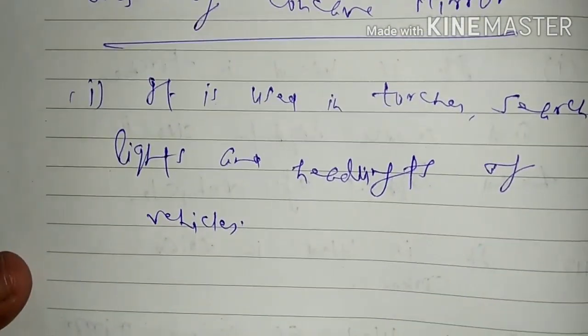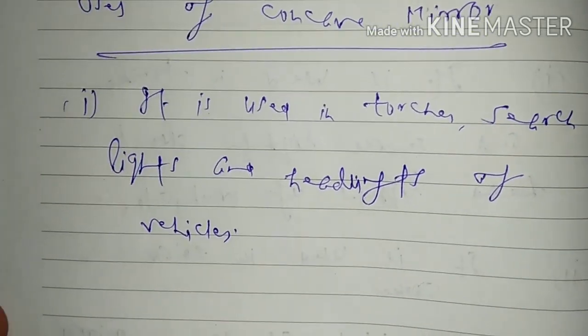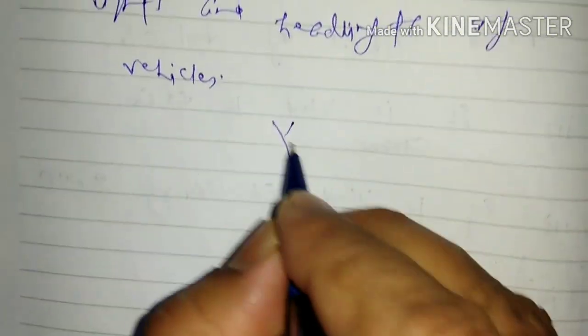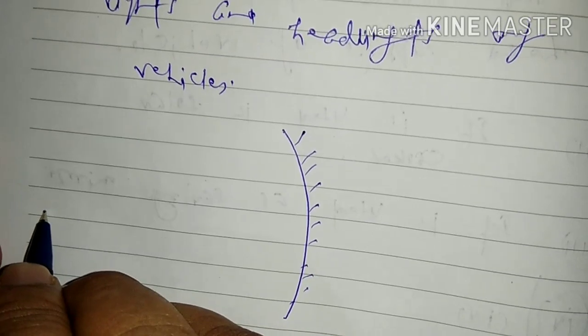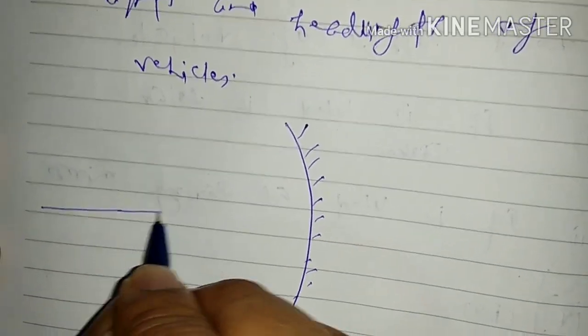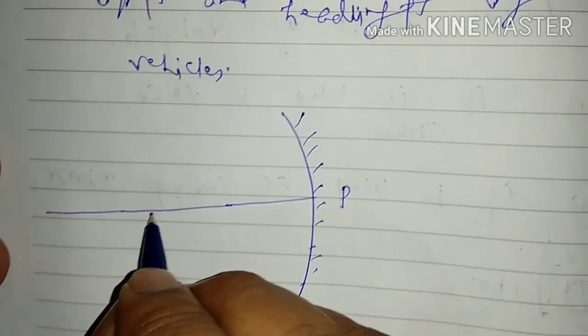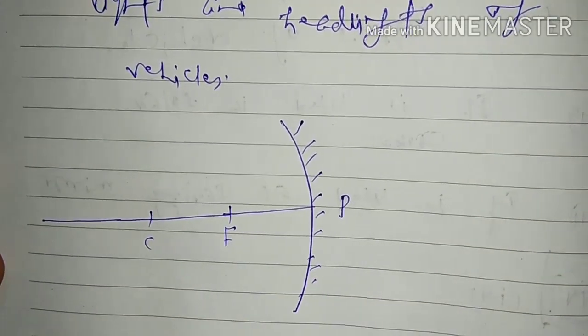But what is the technology here? See, we had already read that, suppose this is concave mirror. So we have many times read that in the case of concave mirror, this is pole, this is center of curvature, suppose this is focus.